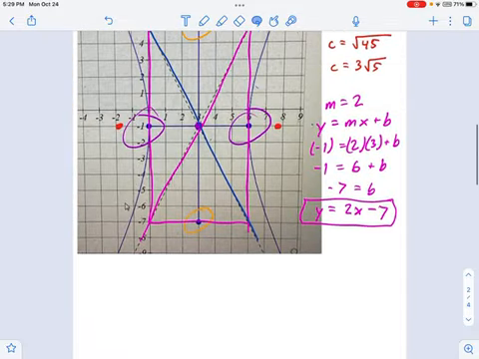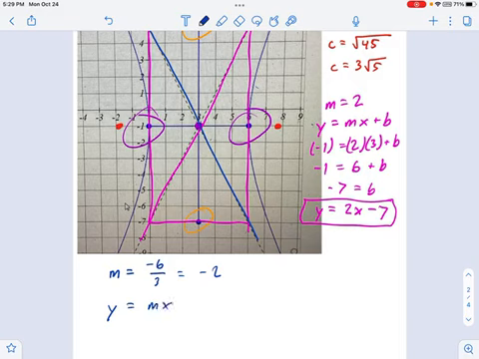So that asymptote that's going down, the way we do this guy is we say, okay, what's m equal to? Well, it's going down by 6 and over by 3. So that's m equals -6 over 3, right? Rise over run, that's -2. So now I say y equals mx plus b. The center point has not changed. Remember, that's -1 in y.